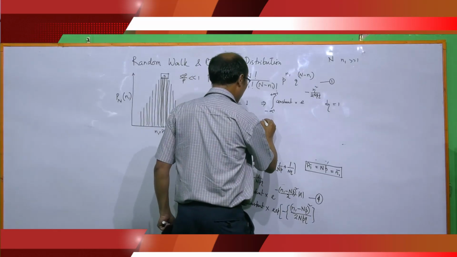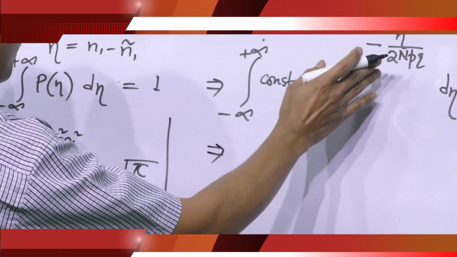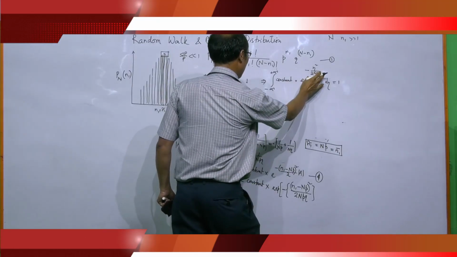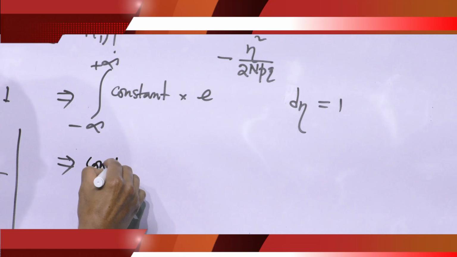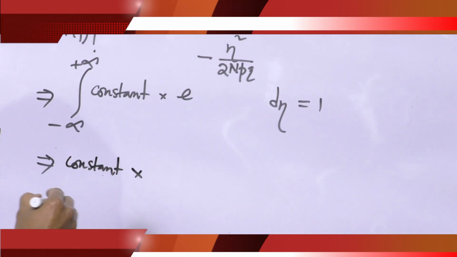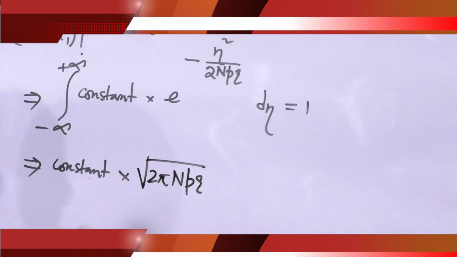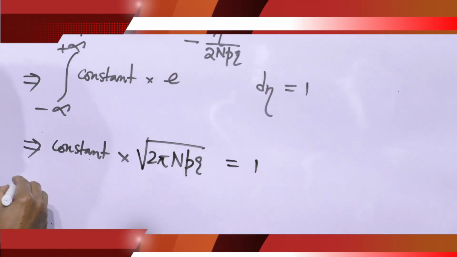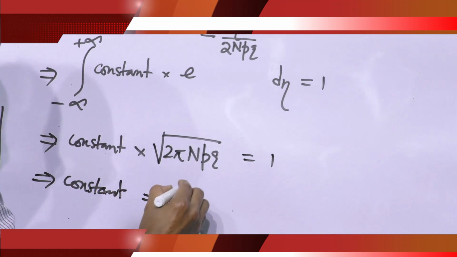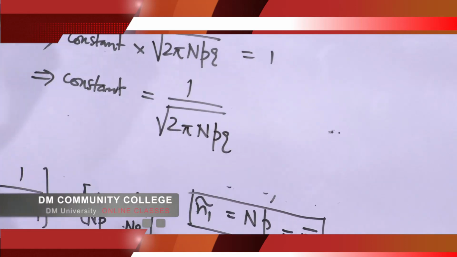standard integration, we find that this constant times this a, which is under root of 2 pi npq, is equal to 1. This implies that the constant is given by 1 over under root of 2 pi npq.